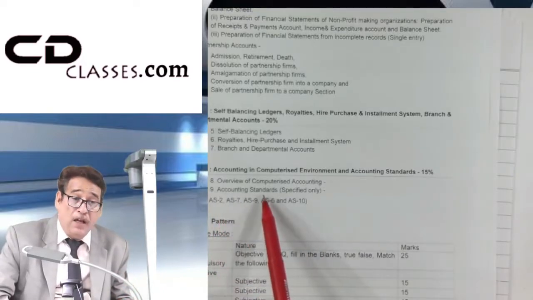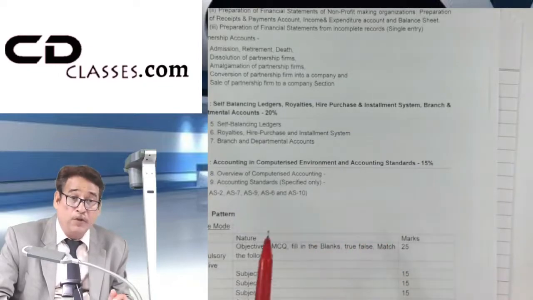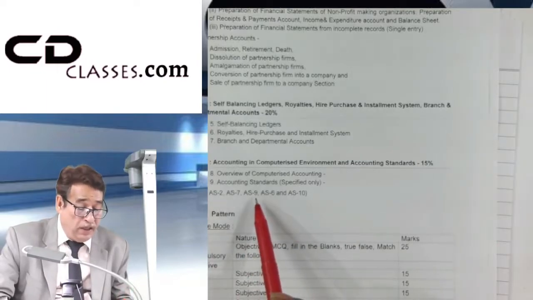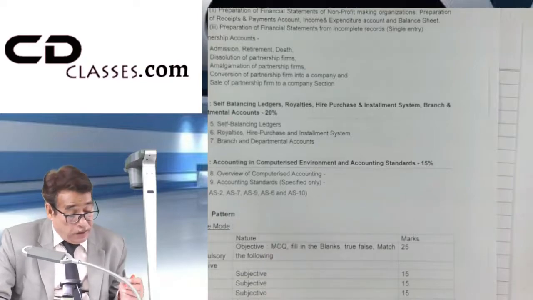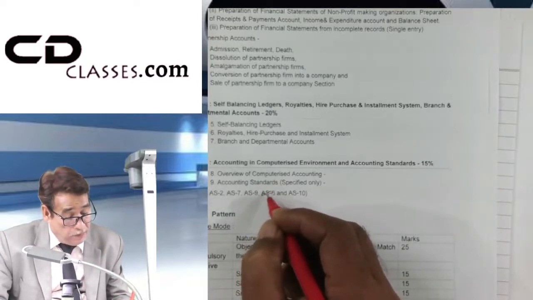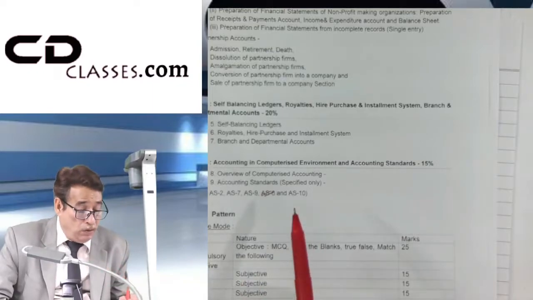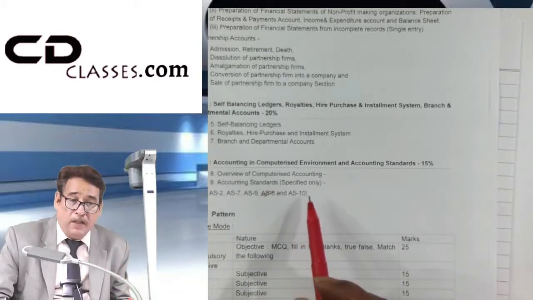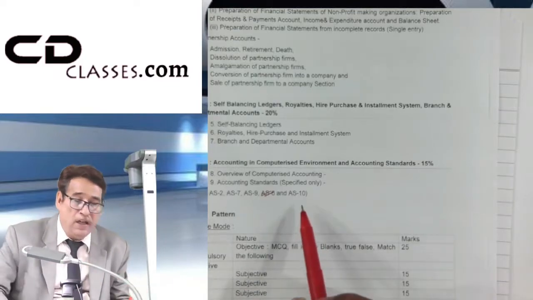Then accounting standards. At your level, you need to go through accounting standard 1, of course, which is related to disclosure of accounting policy, AS2, inventory valuation, AS7, contracts, then AS9, which deals with recognition of revenue, and then AS10. Remember one thing, AS6 is no more now, and instead it is AS10 because AS6 has submerged into AS10.